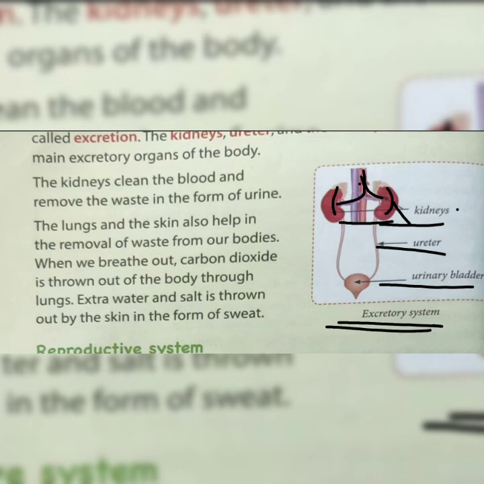Compounds we don't need, like urea or excess water, are sent to the bladder from the kidneys in the form of urine. See, this is the bladder. Urine leaves the body through the urinary tract and exits the body through the urethra, as shown in the picture, right.